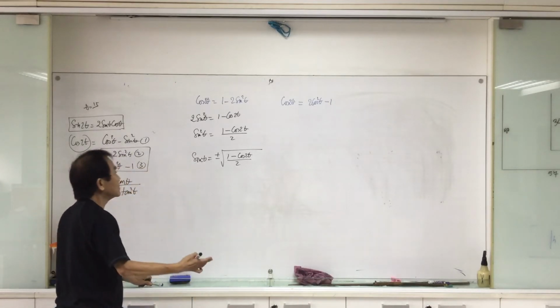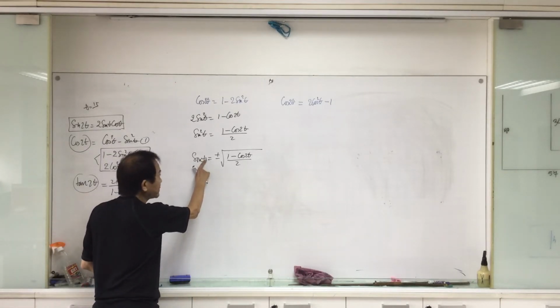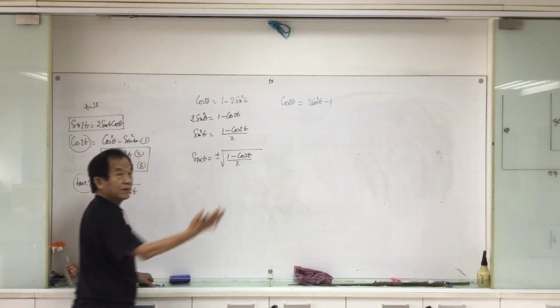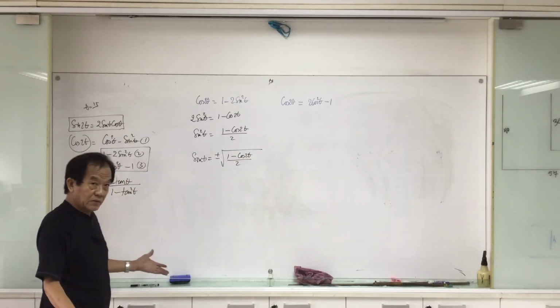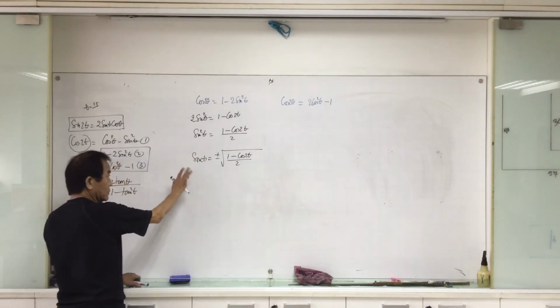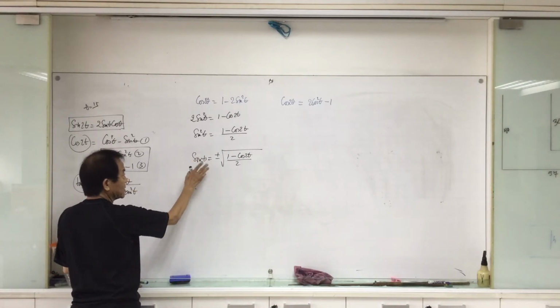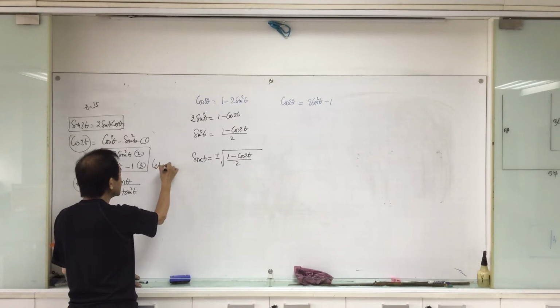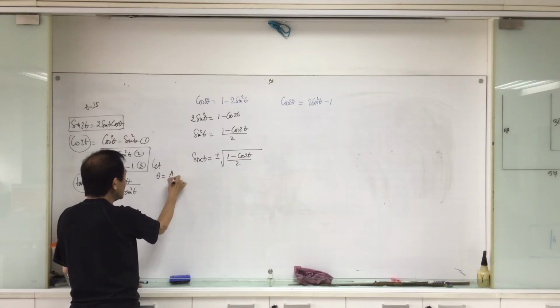So what that means is if theta equals 15, you plug 15 right here and you get cosine 30, then you know, right? But we have to formulate this so it looks like a half angle. This one is not a half angle. So we let theta equal a over 2.